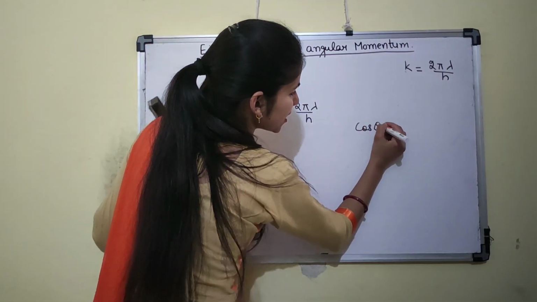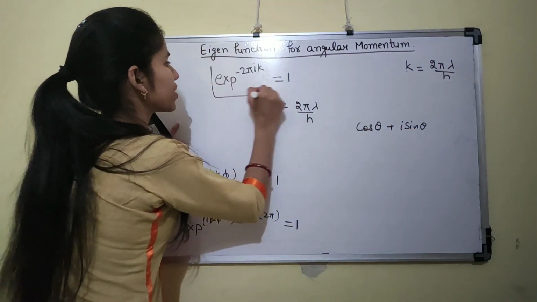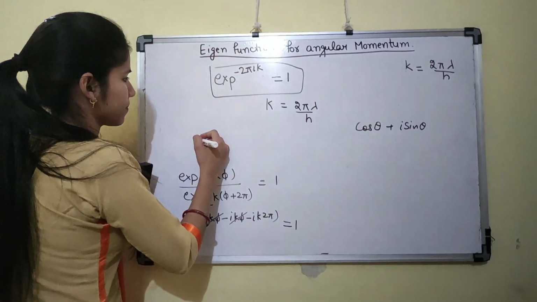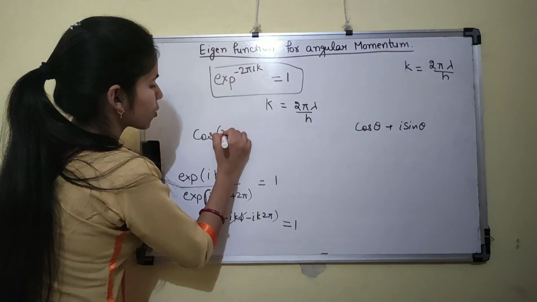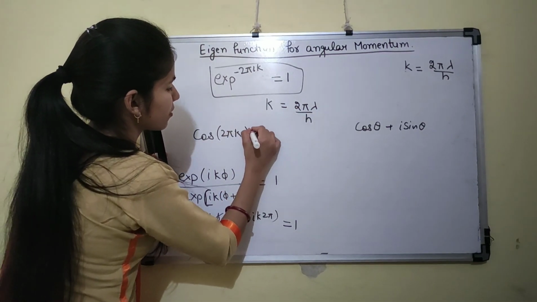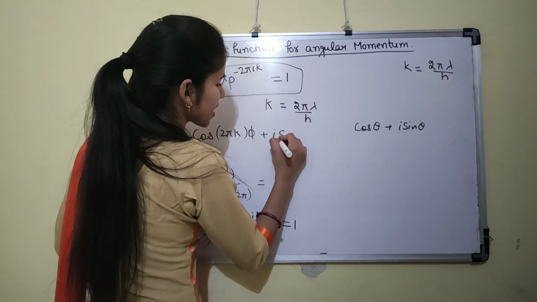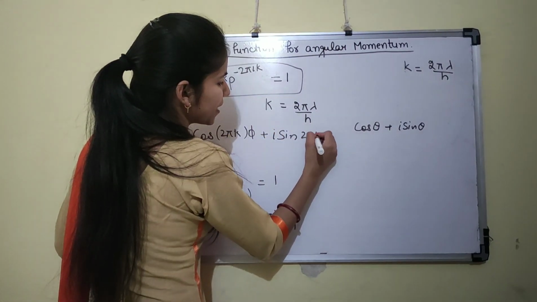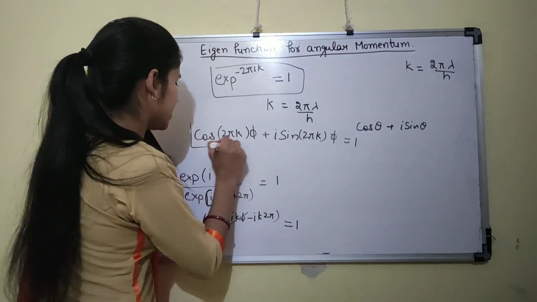So cos theta plus iota sin theta. From this equation, this equals cos 2 pi k phi plus iota sin 2 pi k phi equals 1.